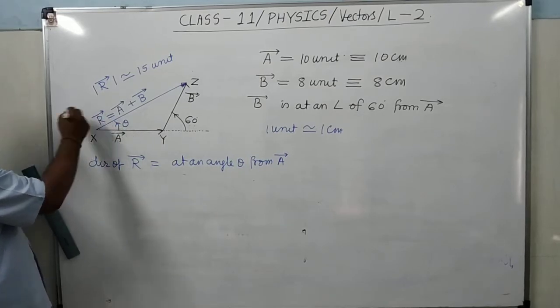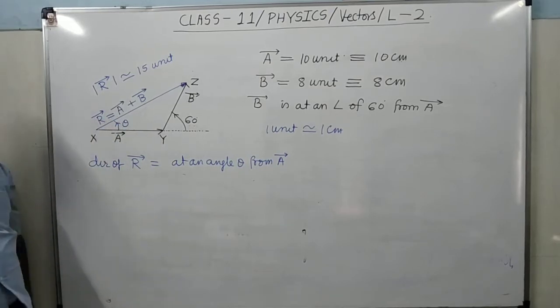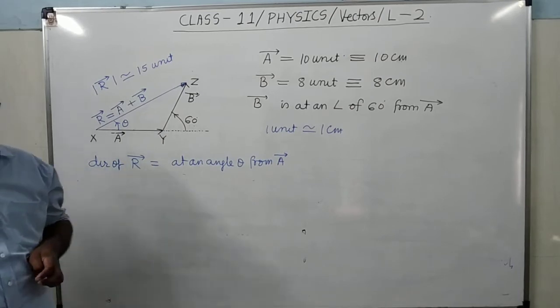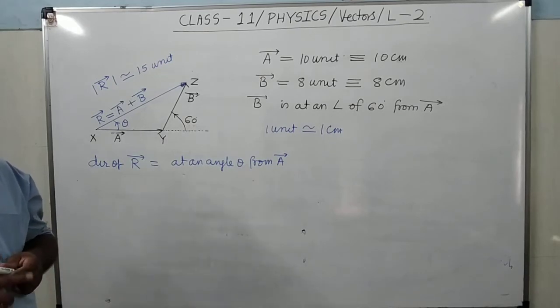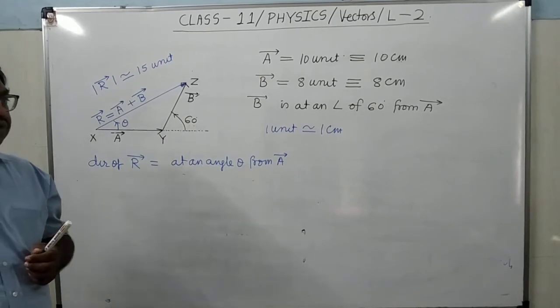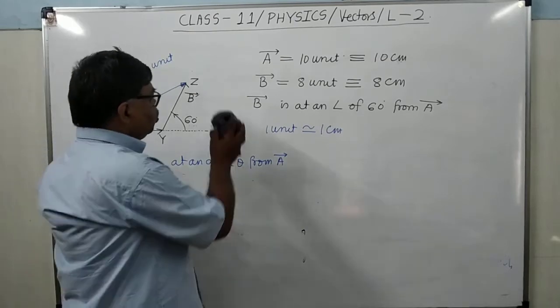In the anti-clockwise direction. You can see here. So this way also we can add two vectors. Now suppose you have to add more than two vectors. Then what will you do? How will you add more than two vectors?